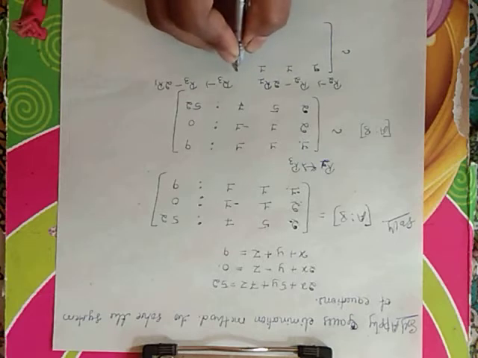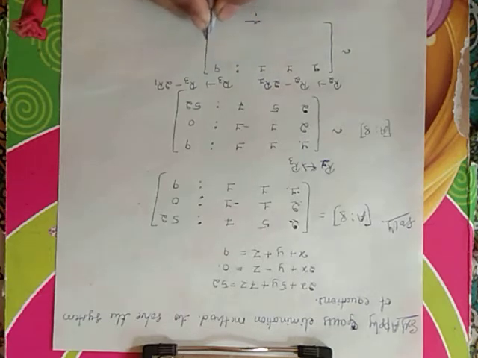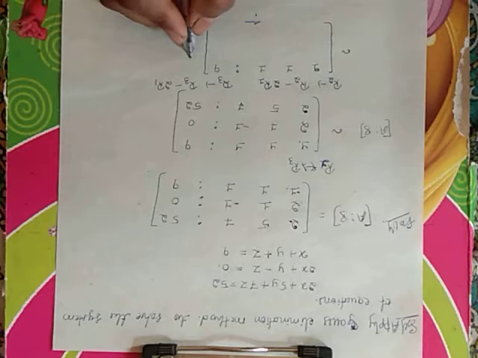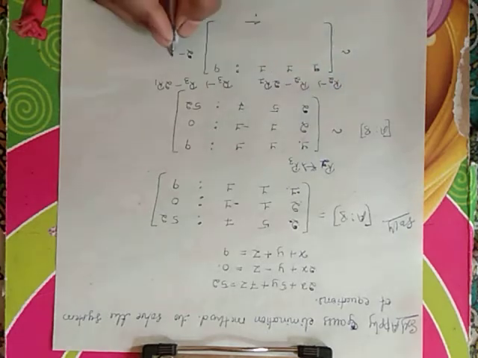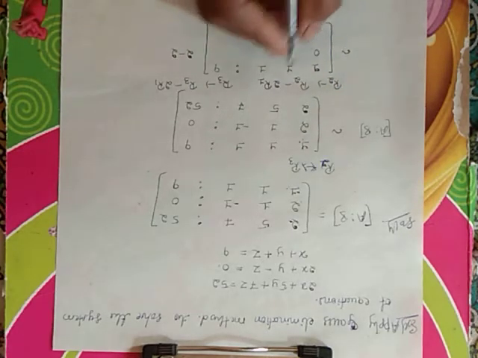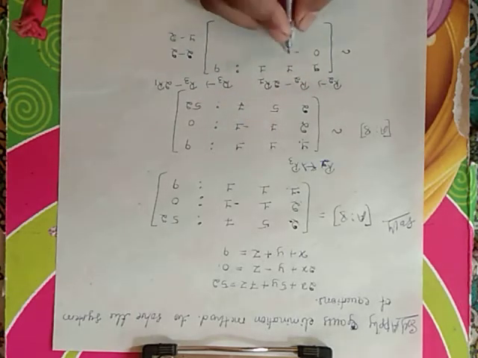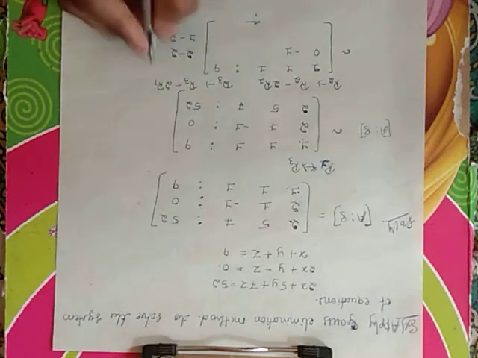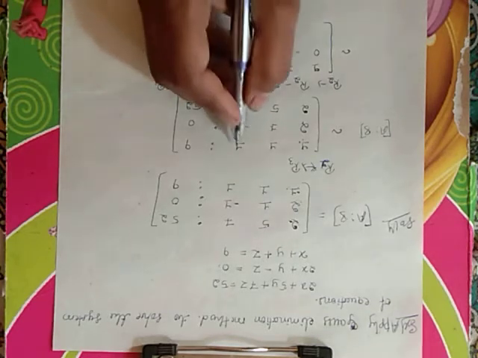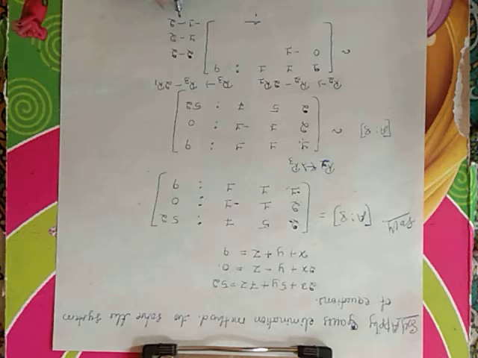Then 2 minus 2 into 1, 2 minus 2, 0; 1 minus 2 into 1, 1 minus 2, minus 1; minus 1 minus 2 into 1, minus 3; 0 minus 9 into 2, 18, minus 18.